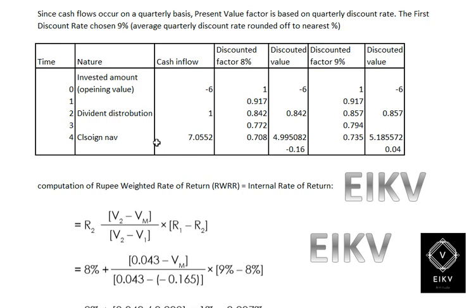When we take the sum total, we will get the value as, for 8% it would be negative 0.16, and for 9% it would be 0.04.